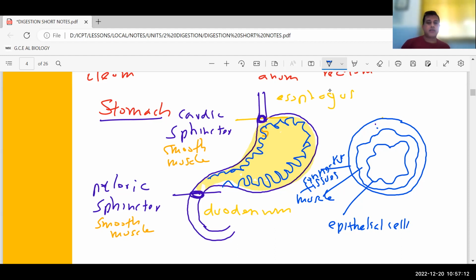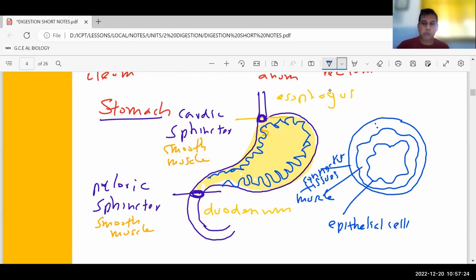Okay, next we will see how inside looks like. Too many layers and all these things are not much necessary to learn.